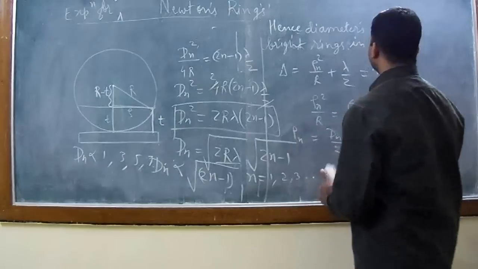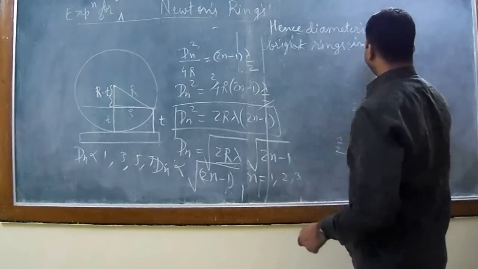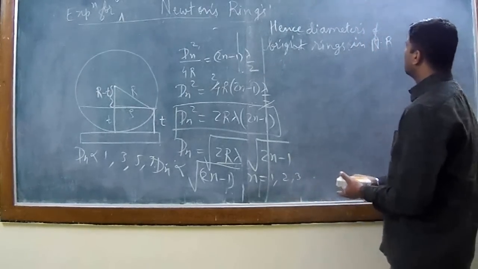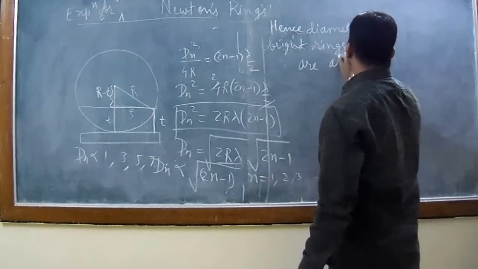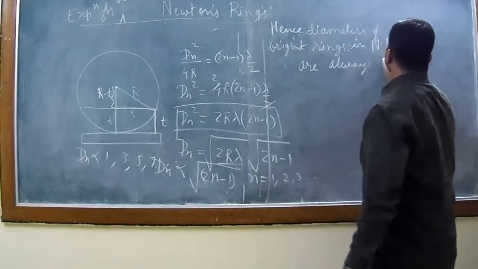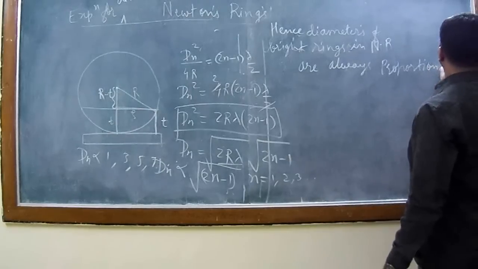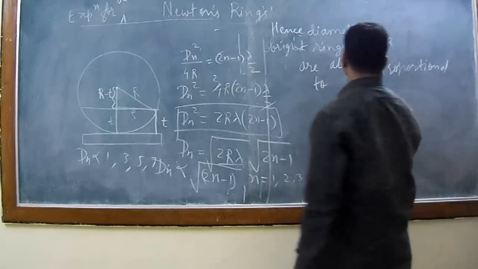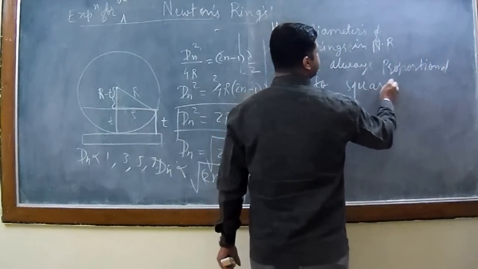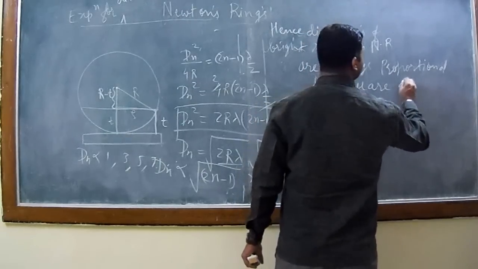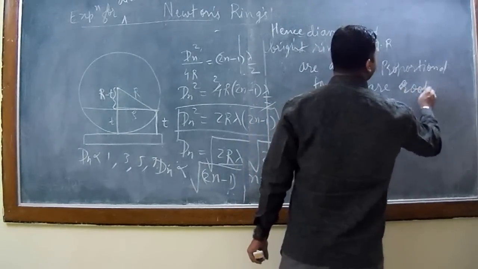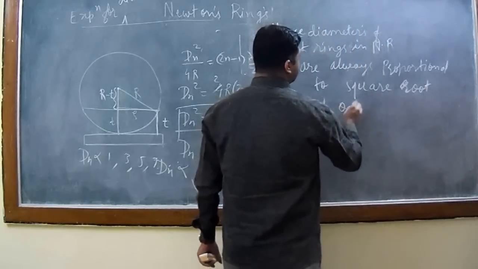It means that the diameters of bright rings in Newton's rings are always proportional to square root of odd natural numbers.